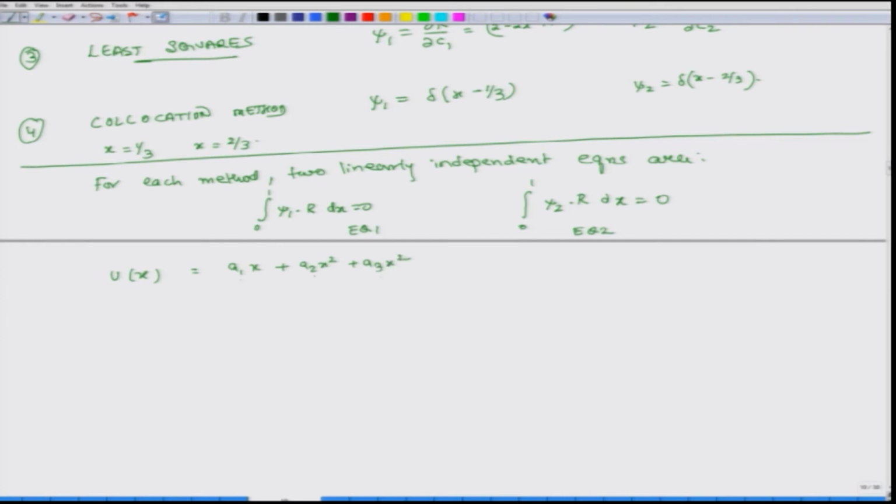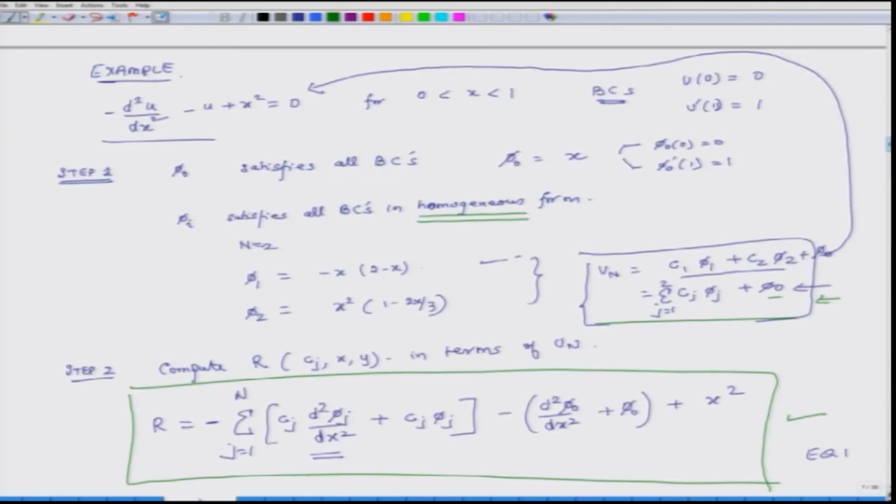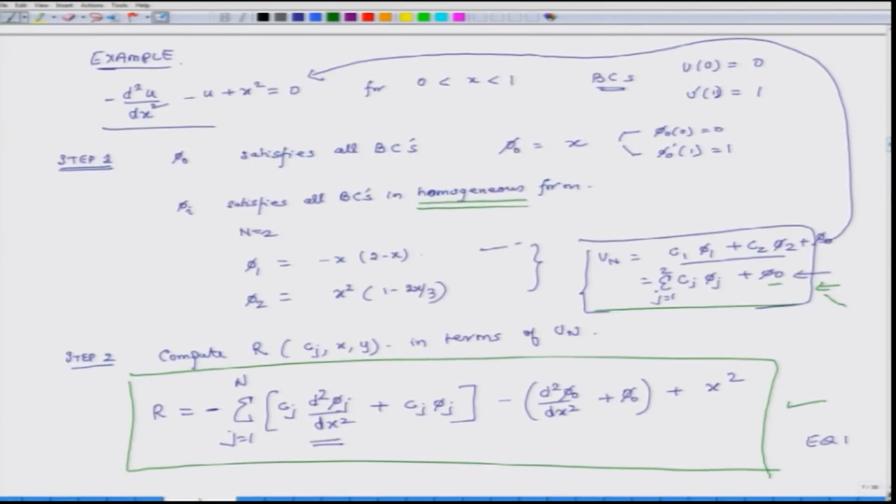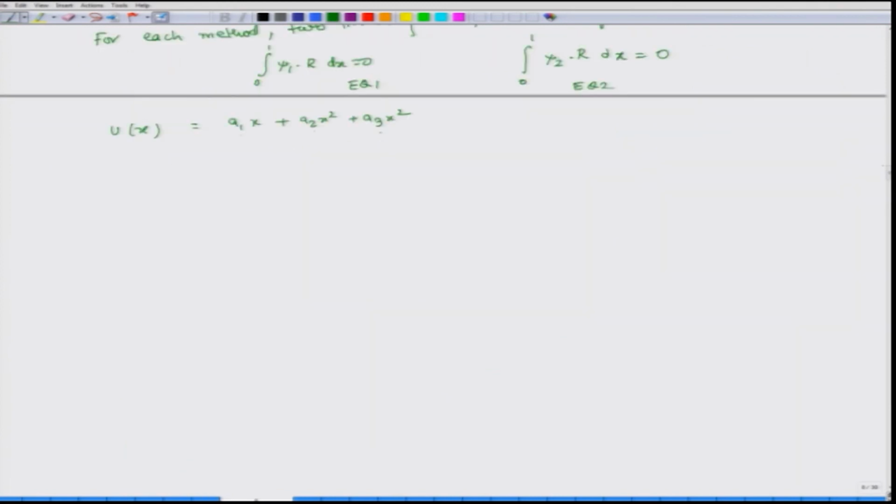And once I have calculated the C's, I plug them into this relation and I can calculate the values of A1, A2 and A3, the coefficient of A3x cube.